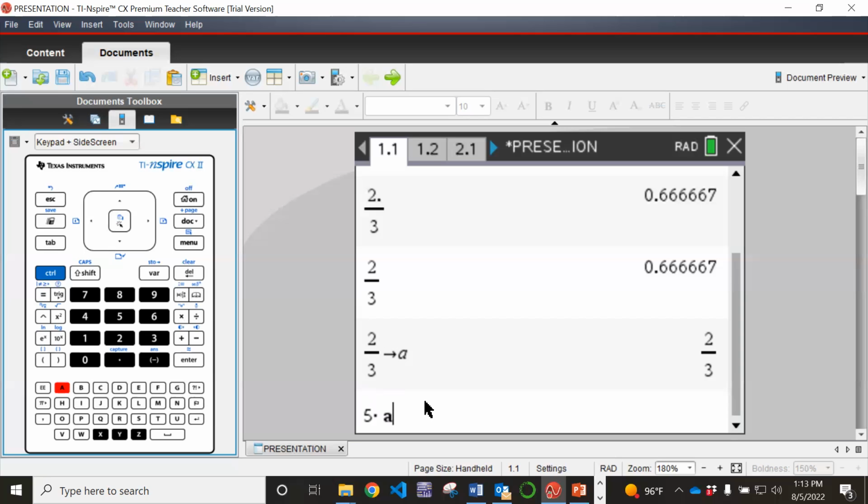So whenever I do 5 times A and hit enter, it'll compute that for me. However, if I did 5 times B, I haven't put anything in B yet, and you'll notice that it's italicized still. It doesn't recognize B as being anything. So that's just something to keep in mind whenever you see that feature and you're expecting to be able to use it in some way.